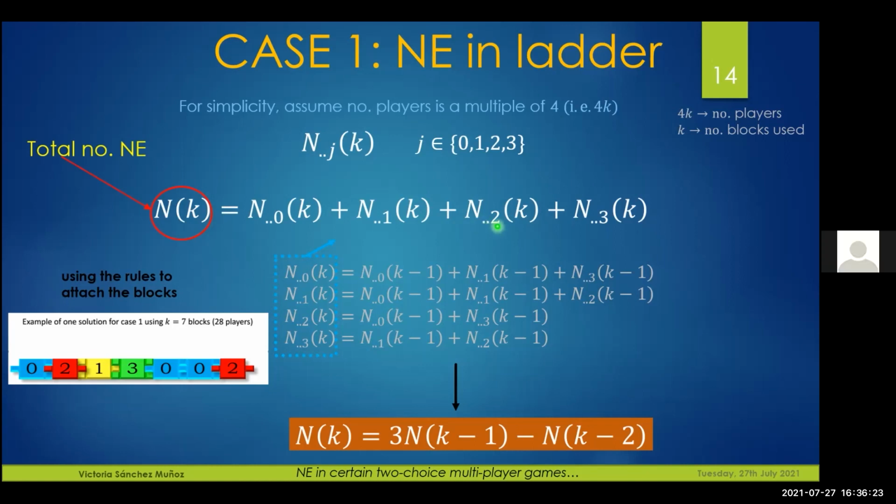Yes, sequences of blocks. Then if you end in this, you can attach to form the solution with k equal to 8. You could attach, in this case, block 0 or block 3. So it's just like a tree going up, of the number of solutions.